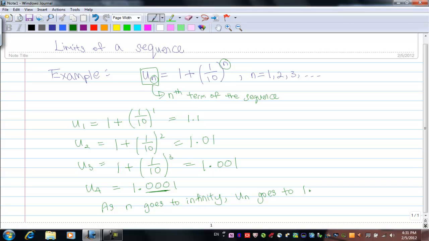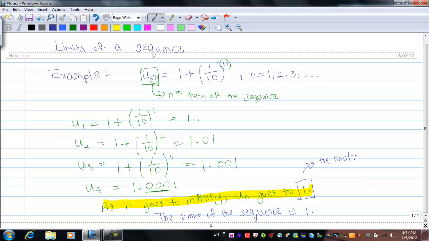So this concept here of the value as n goes to infinity, un goes to 1, in this case, to put it in a proper mathematical way, we say that the limit of the sequence is 1. So this value that my number is converging to, this is called the limit.